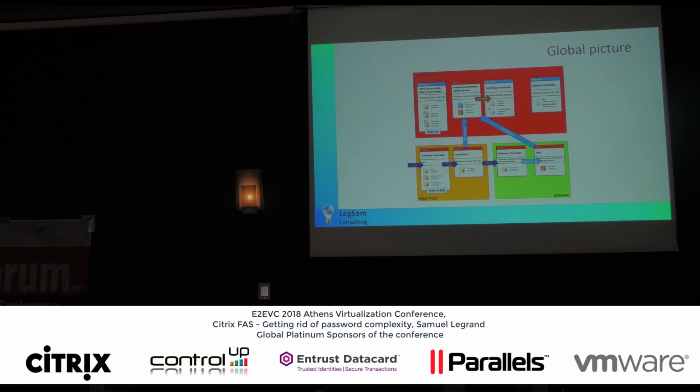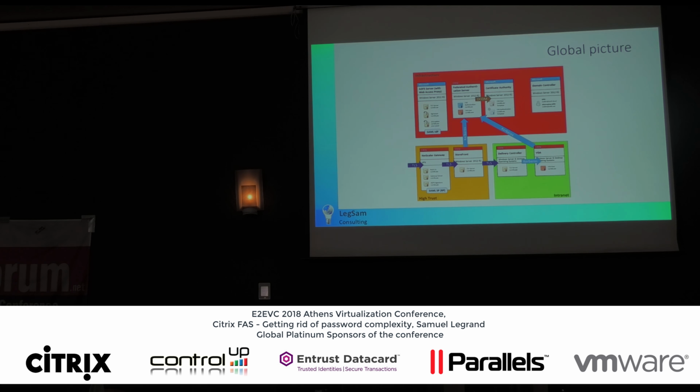It talks to a Microsoft CA, Certificate Authority, using DCOM. Then all the authentication process is done through Kerberos. Kerberos is important, so you need to have the prerequisites on your domain to have Kerberos working. The only communication between the client and the infrastructure is done through NetScaler Gateway, so it's TLS.